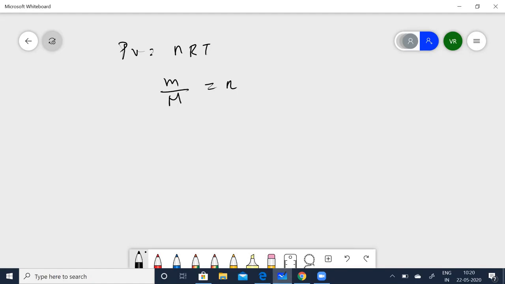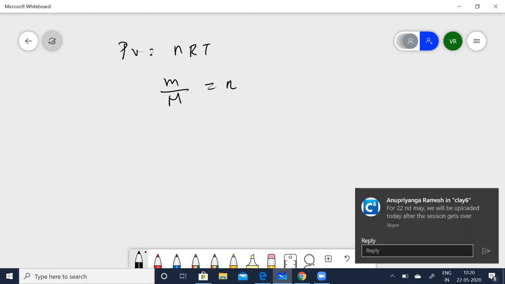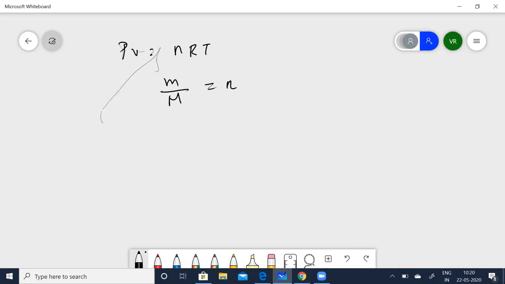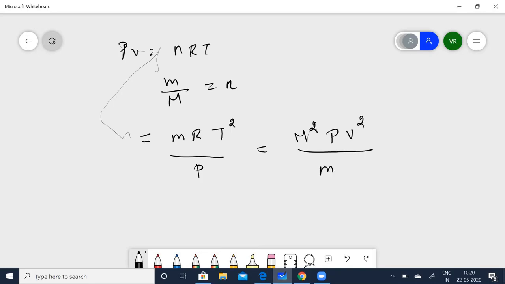Remember, children, small m always stands for the mass of the gas in grams, and capital M stands for the molar mass. You shouldn't get confused between them. So mRT squared divided by P is equal to capital M squared PV squared by m.